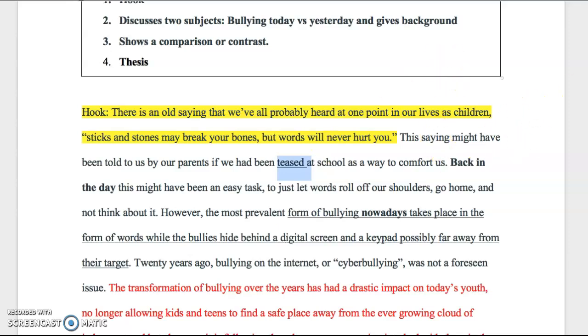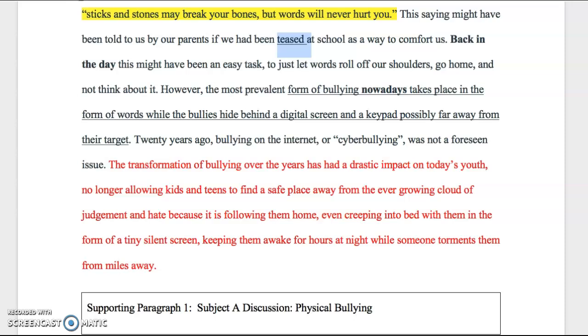Then they go into your thesis statement, which talks about the fact that there's a contrast. So there's a transformation of bullying. What it was like then, what it's like now. Okay? So they also talk about what it was like then, that it was really just judgment and hate, which certainly is not good.